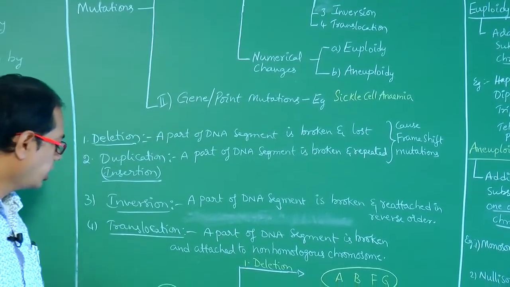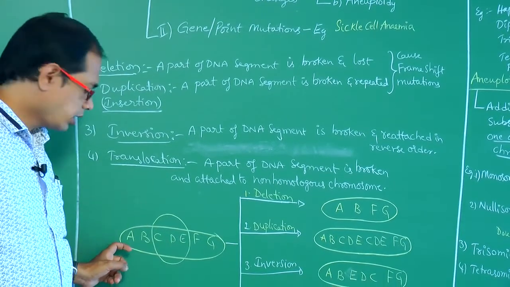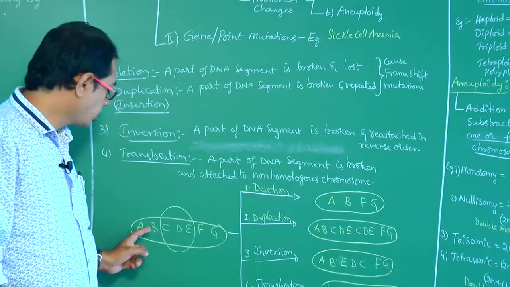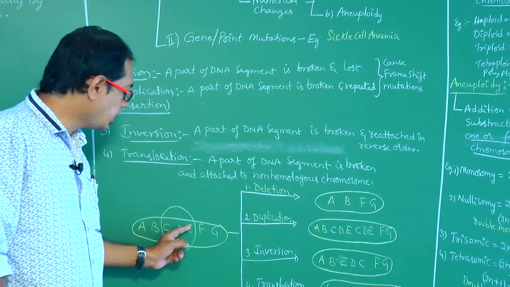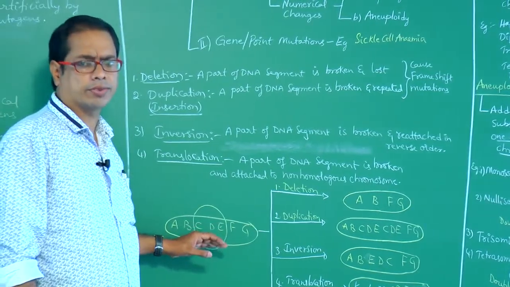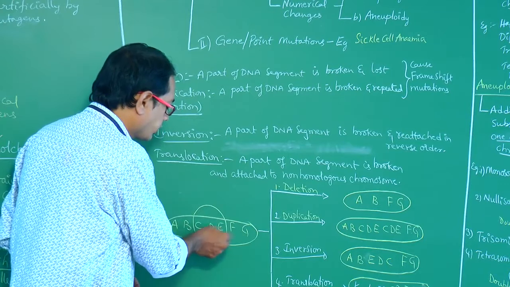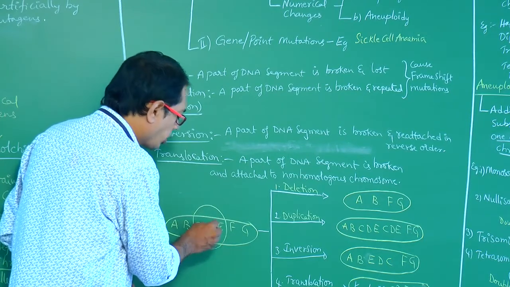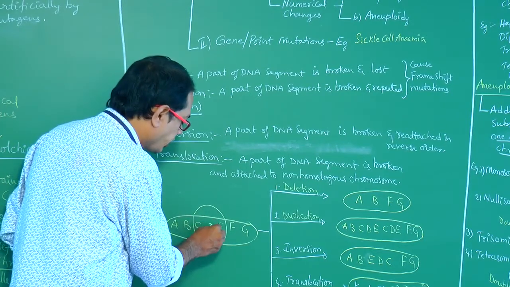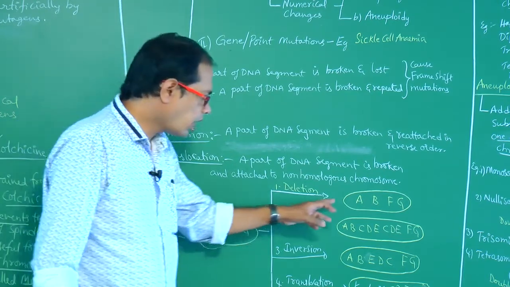See, let us suppose this is the chromosome. The chromosome genes are A, B, C, D, E, F, G. Like that I have taken. We are talking about this part, A, B, C, D, E. See, what happened?